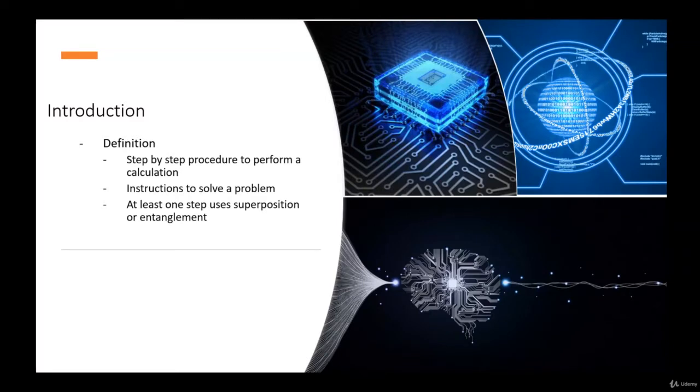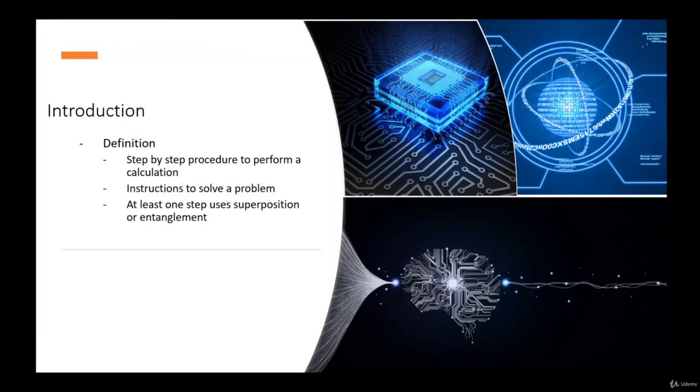All right. So the first thing that we need to do would be defining what is a quantum algorithm, and not even defining what a quantum algorithm is, but simply defining what an algorithm in general is, because not everybody knows what an algorithm is. When we're talking about an algorithm, we can say that it's simply a step-by-step procedure to be able to execute an operation that can be, for example, a basic mathematical calculation, or a construction that can be put in sequences to resolve a certain problem with the use of a computer.